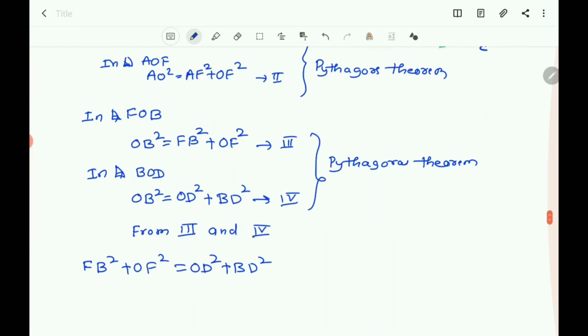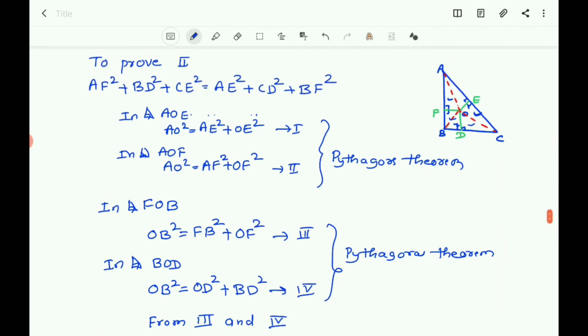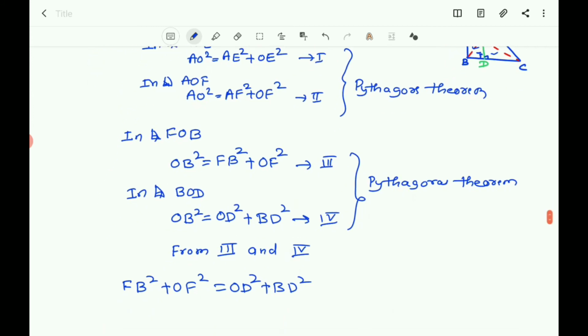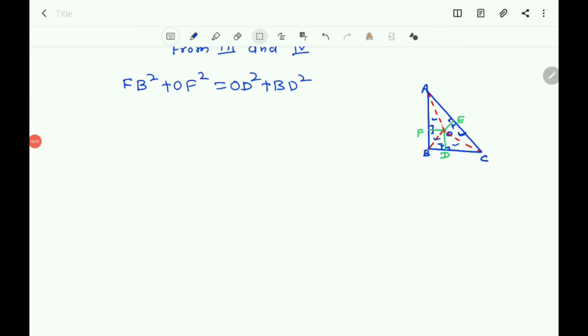Then take the next pair here. In triangle ODC and in triangle OEC you take. Then you write in triangle ODC the Pythagoras theorem, that is OC square is equal to OD square plus CD square, in the right angle triangle ODC.